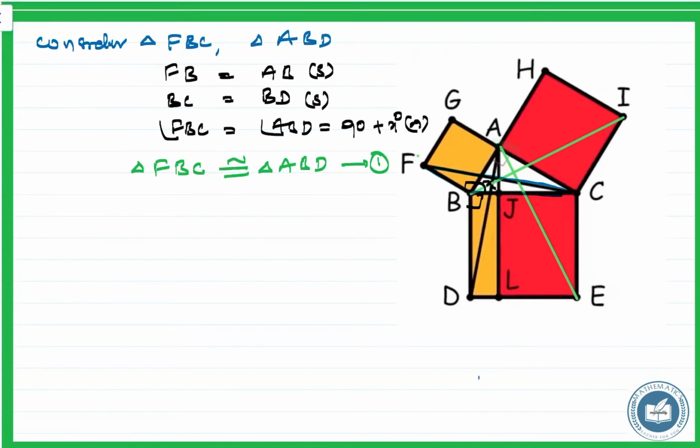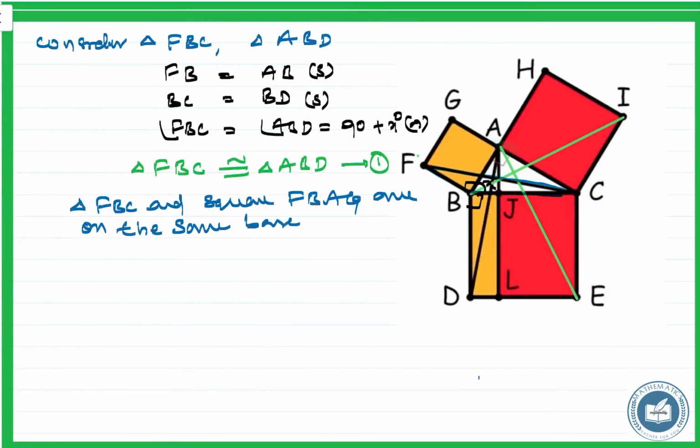Now here you see triangle FBC and square FBAG are on the same base, between the same parallel lines.